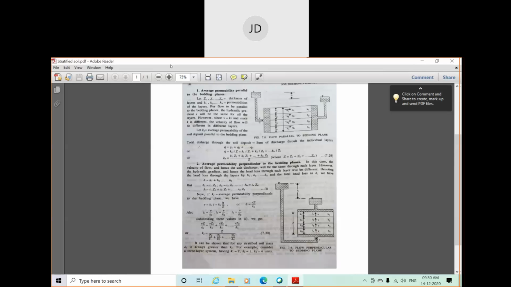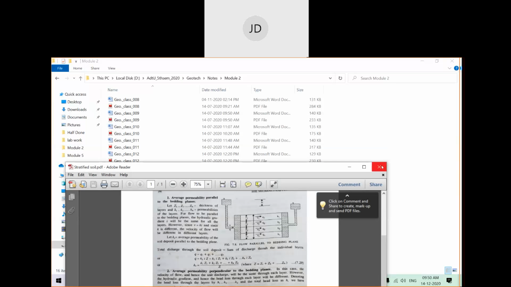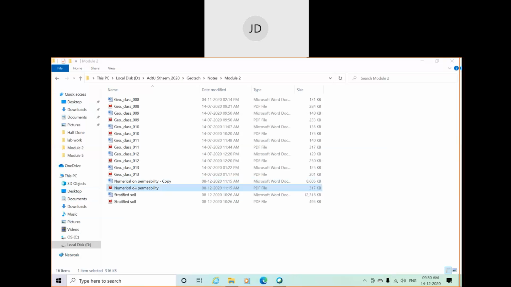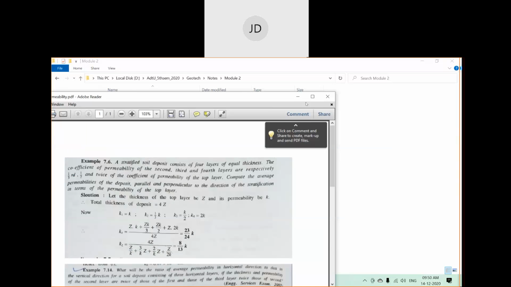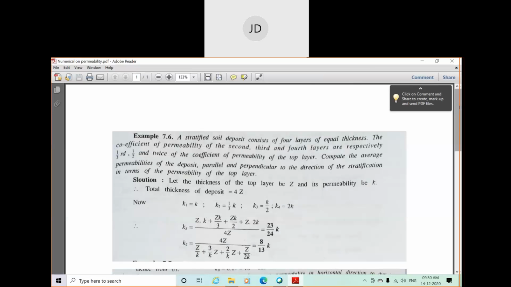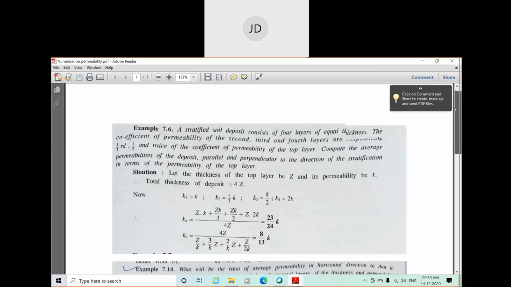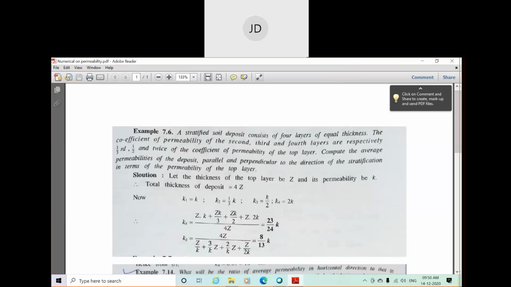Okay, let's close this PDF. I'll now open the numerical one. I think it is visible to you, right? So if you can see the problem statement, what is given here? A stratified soil deposit consists of four layers of equal thickness.